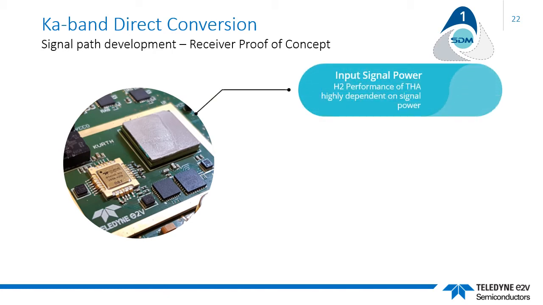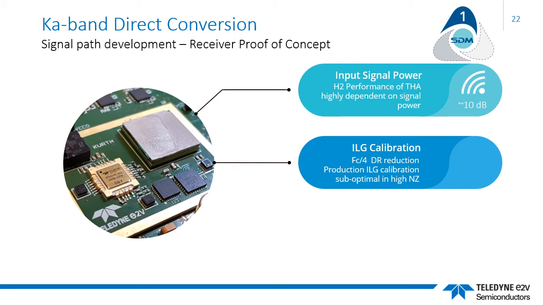Firstly, input signal power clearly affected the performance of the track and hold amplifier, with second harmonic distortion being particularly noticeable. This suggests that the selection of input signal levels was crucial to optimizing the track and hold's functionality. Alone, this could yield a 10 dB lift in dynamic performance.